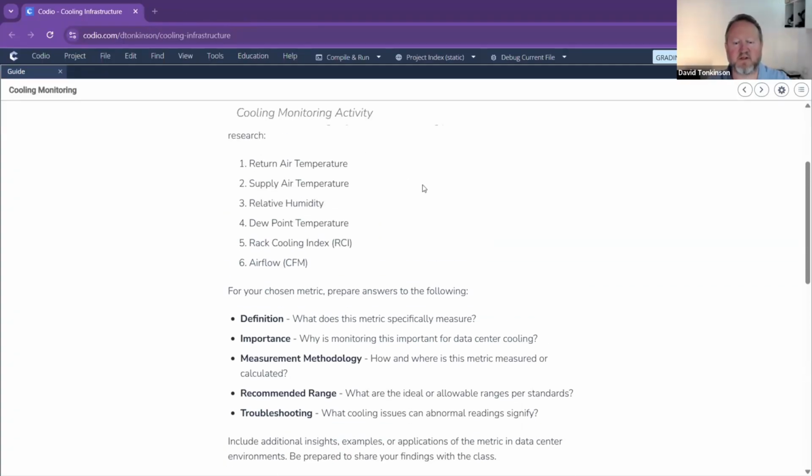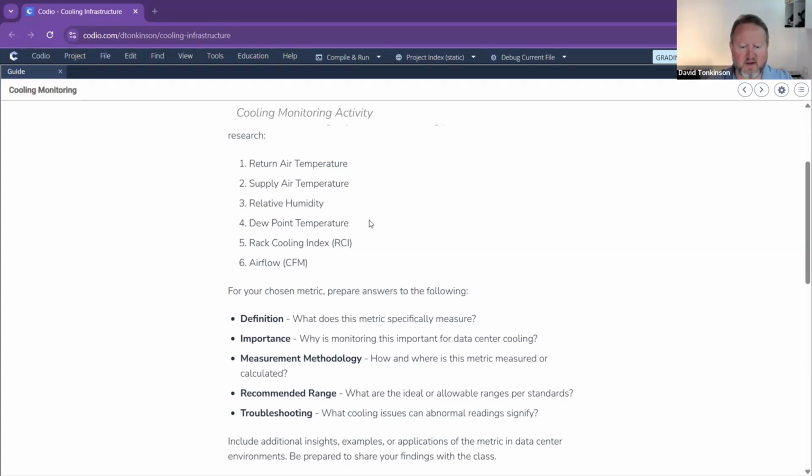Certainly at this point as an instructor, I hope we've managed to pick different ones and we're not all picking the same. I could be lucky this week. Jeffrey's picking dew point temperature. That's good.